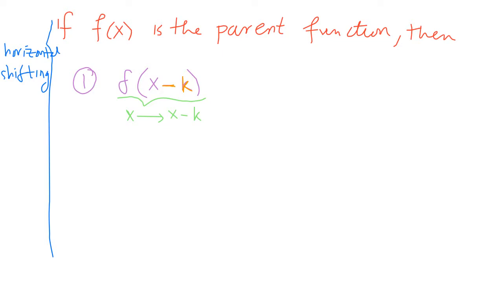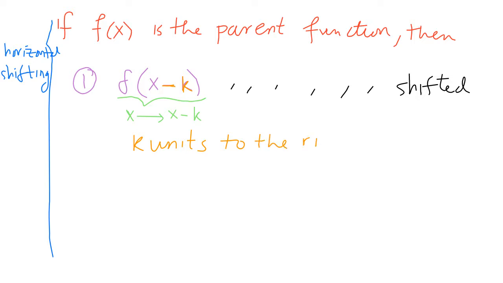What is such a function doing? This is the parent function shifted k units to the right. A little bit surprising, but minus goes to the right. Yes, minus k goes to the right.